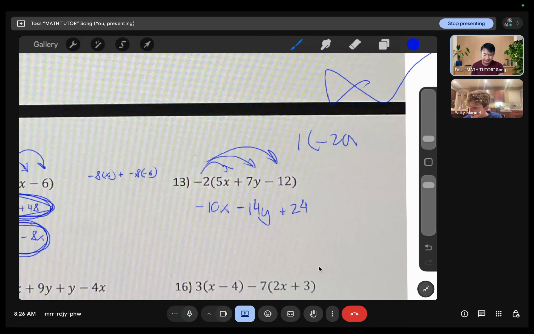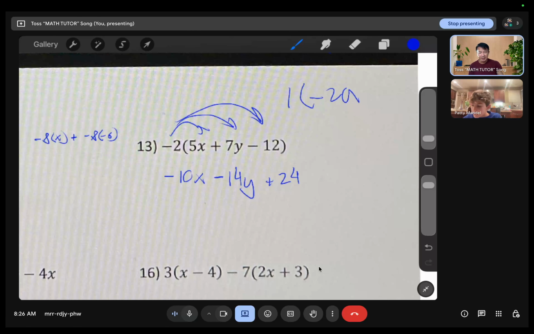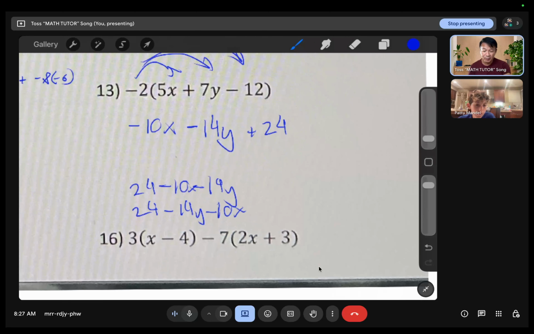So there it is. Now again, if you were to reorganize this, you can do it so many different ways. That's why it's not necessary. You can do 24 minus 10x minus 14y, or you can do 24 minus 14y minus 10x. That's why it's not necessary. Now, which of these two would the computer prefer?